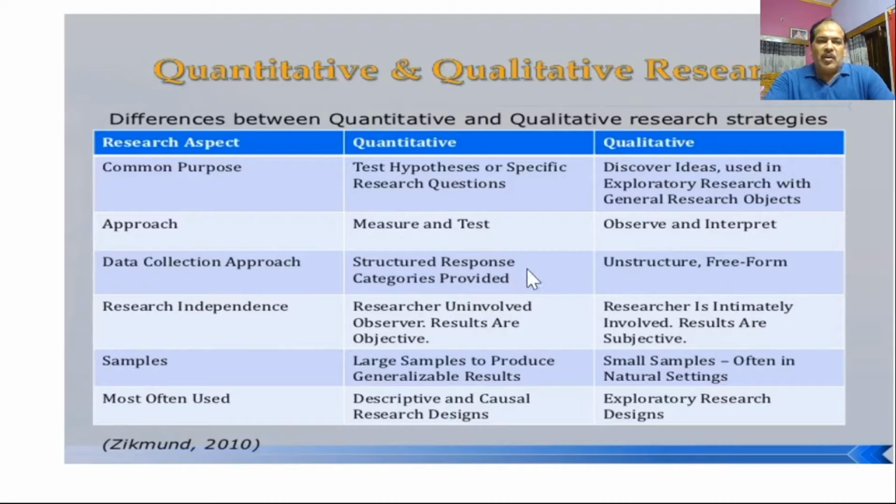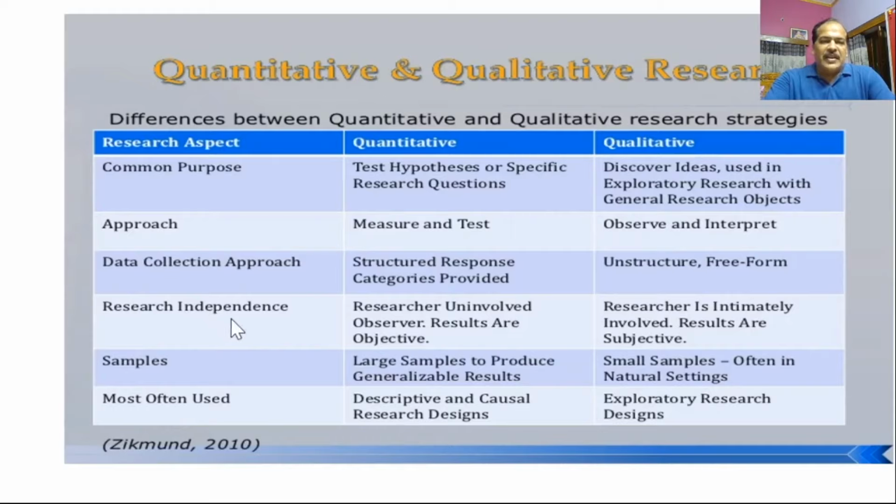It means the options are fixed and the subject is required to take one option out of many. But in qualitative research, the respondent has very much freedom to give an answer in the way he or she thinks, and there is no limit of words or space or way of answering things.